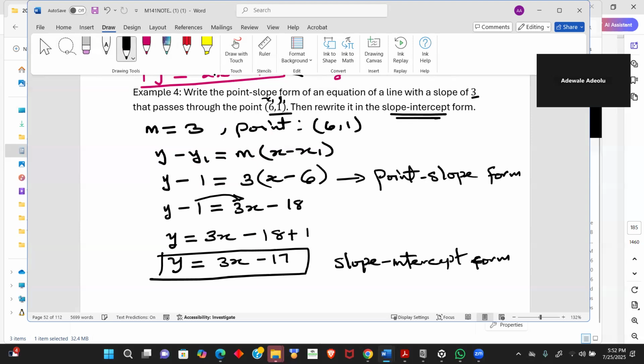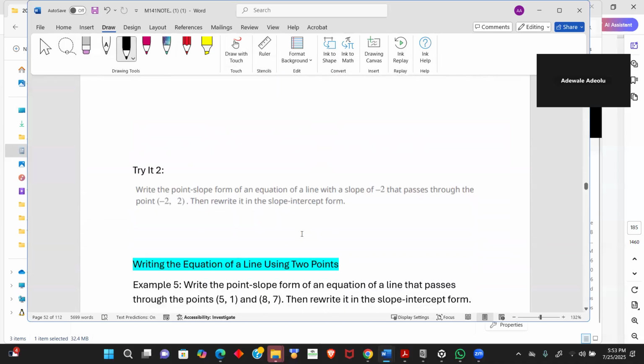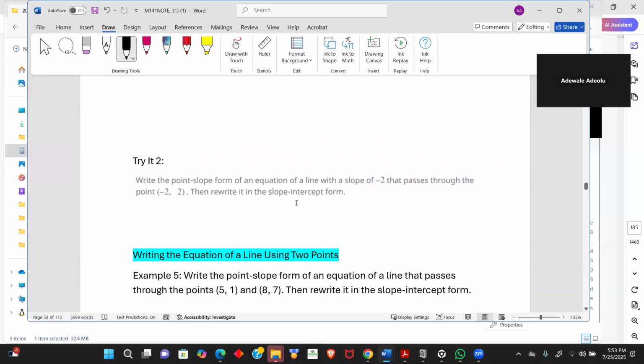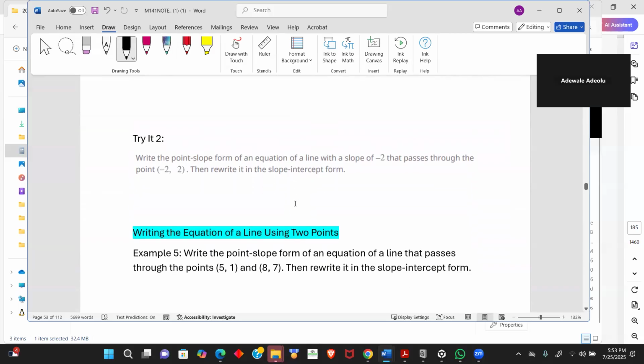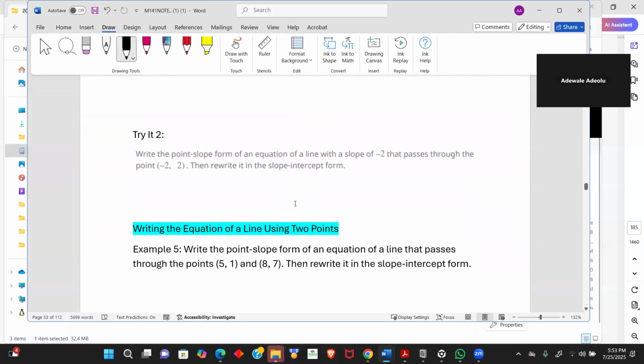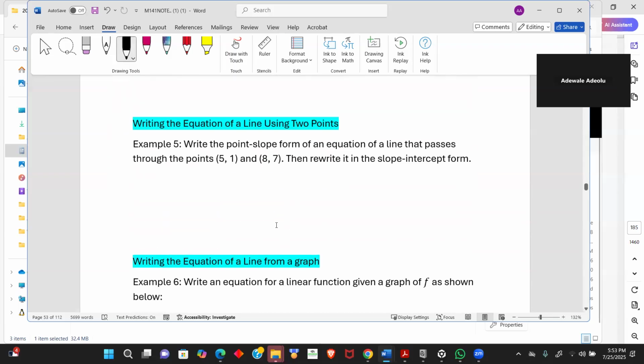So you can see that if we are given just one point and the slope, the best one to use is the point slope form. So you can pause the video and do the same thing you have been doing for this, try it just to engage yourself, and then you continue.